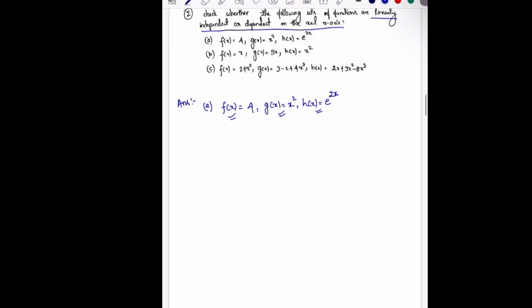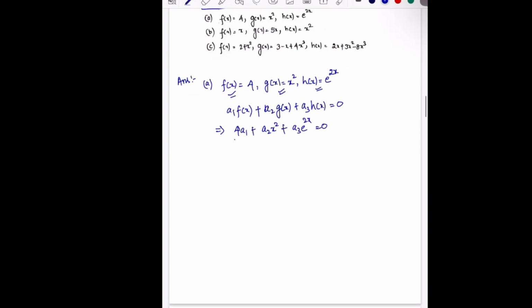The other way is to take the linear combination of these vectors, a1 f(x) + a2 g(x) + a3 h(x), and equate it to 0. So the first one will be 4a1 + a2 x² + a3 e^(2x). This will be 0.